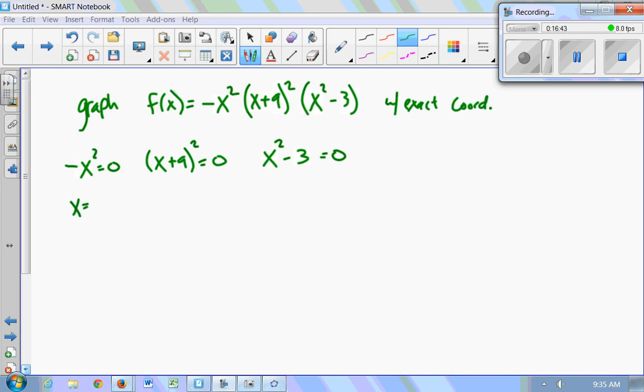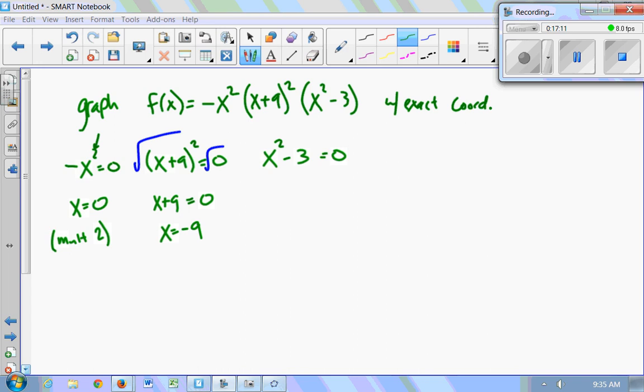So here I get x equals 0, and its multiplicity, what? 2, yeah, because it's a 0 twice based on that degree. X squared, x plus 9 quantity squared, well, I would just square root both sides. And that gives me that x plus 9 equals 0. So x equals negative 9.